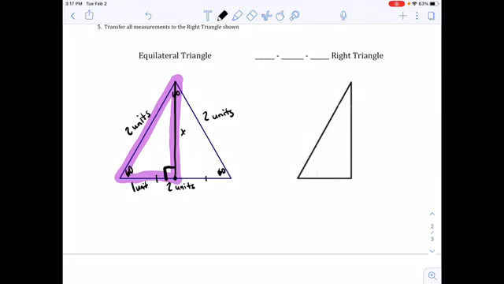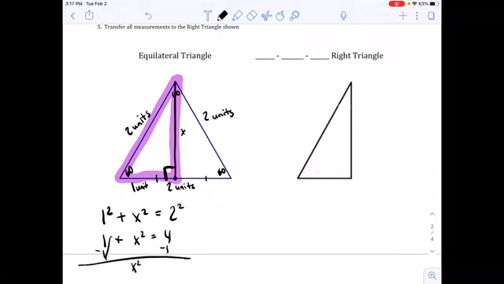We'll call it x again. So this time we have the hypotenuse. We're trying to find a leg length, so we have 1 squared plus x squared equals 2 squared. So x is going to equal the square root of 3.